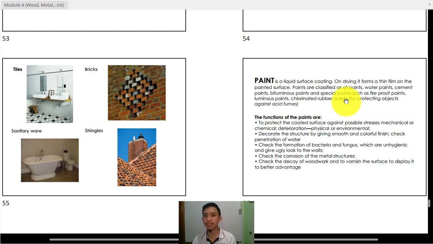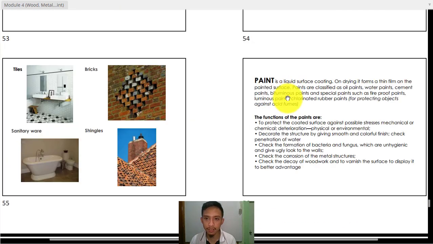Paints are classified as oil paints, water paints, cement paints, bituminous paint, special paints such as fireproof paints, luminous paints, and then rubber paints. That depends on the object the paint is protecting. Okay, so we have different types of paints, and that depends on the purpose of the paint.